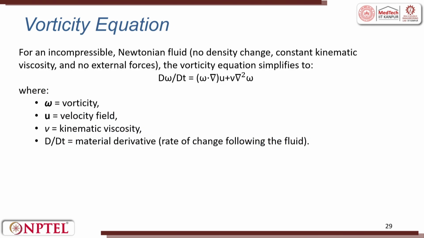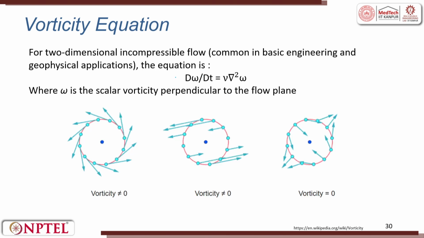So, the vorticity equation can be written this way: d omega by dt is equal to omega dot gradient u plus v gradient squared omega. Where omega is vorticity, u is the velocity field, v is the kinematic viscosity, and d by dt is the material derivative. So, through this equation you can find the vorticity.